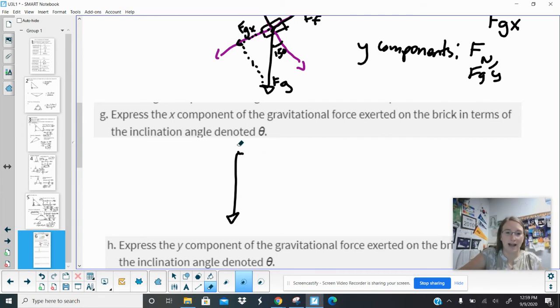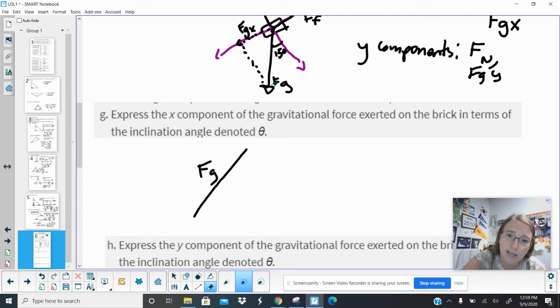Usually when I look at gravity, guys, I draw a separate triangle, making gravity the hypotenuse. Because if you can see right here, this vector is the hypotenuse of both of those triangles we're looking at. So usually if I'm trying to focus on gravity, I redraw it separately with gravity as the hypotenuse. And here's my right angle.